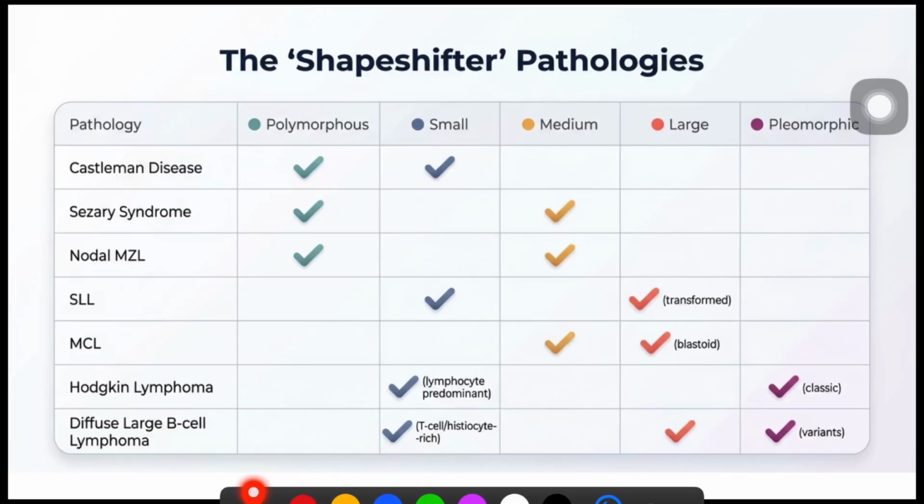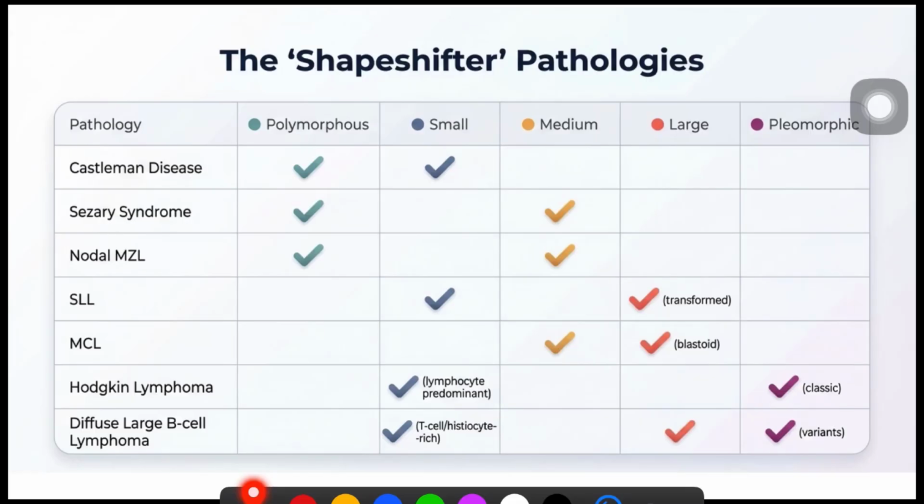Diagnostic table: you can find in Castleman, Caesarean and nodal MZL where polymorphous pattern is there, and in Hodgkin's classic and DLBCL variant show pleomorphic pattern, right? And in small, medium and large cell, you can identify in small cell pattern lymphocyte predominant Hodgkin's, Castleman disease, or histiocyte rich or T cell rich diffuse large B cell lymphoma show small cell pattern.